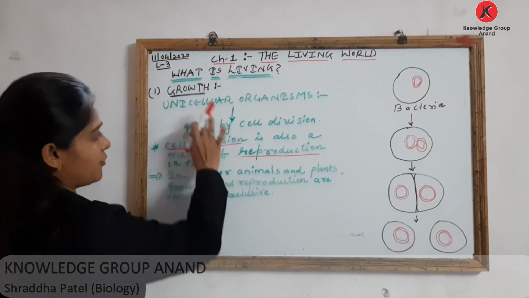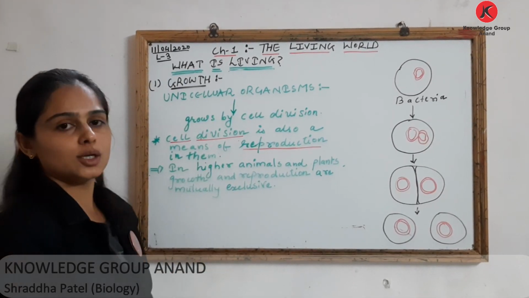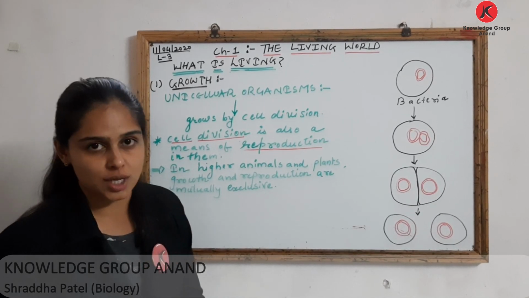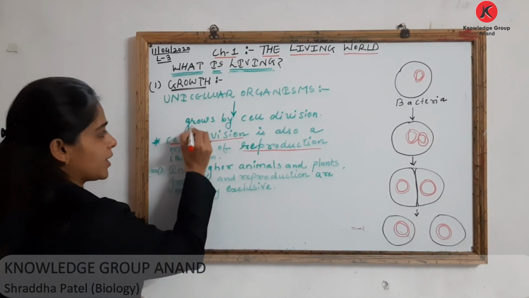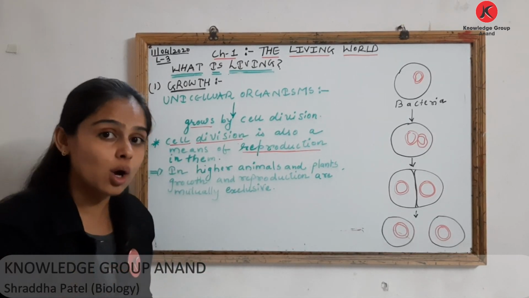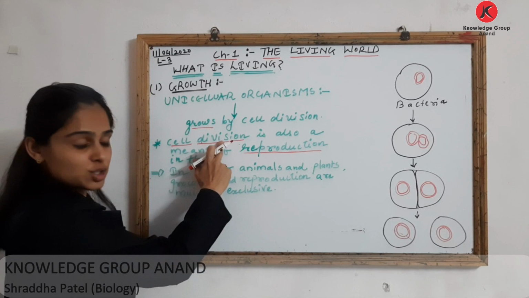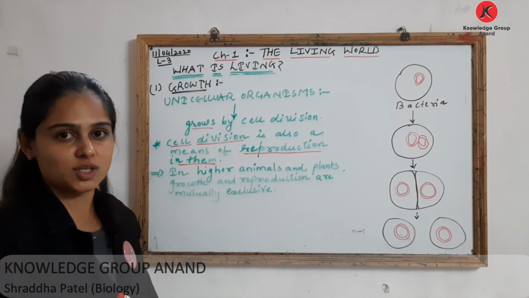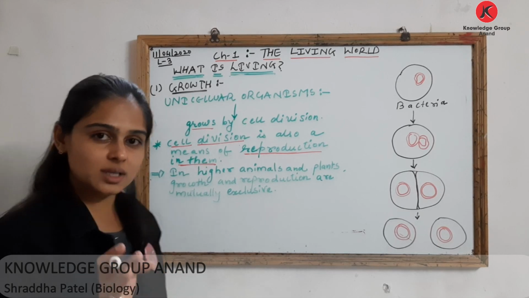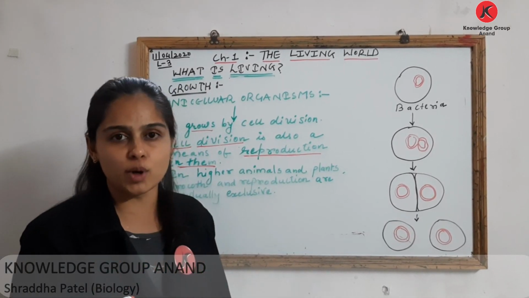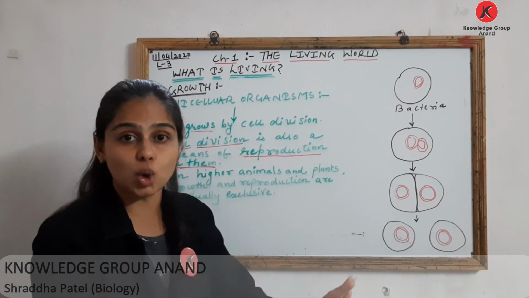So if we are talking about unicellular organisms, they grow by cell division. Most important thing, they grow by a process of cell division, and cell division also means reproduction in them. Yes or no? So if you are talking about unicellular organisms, growth and reproduction mean the same.